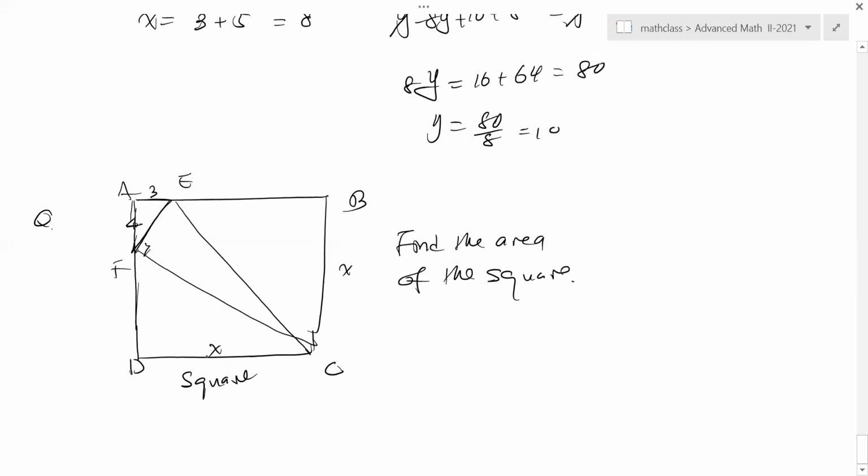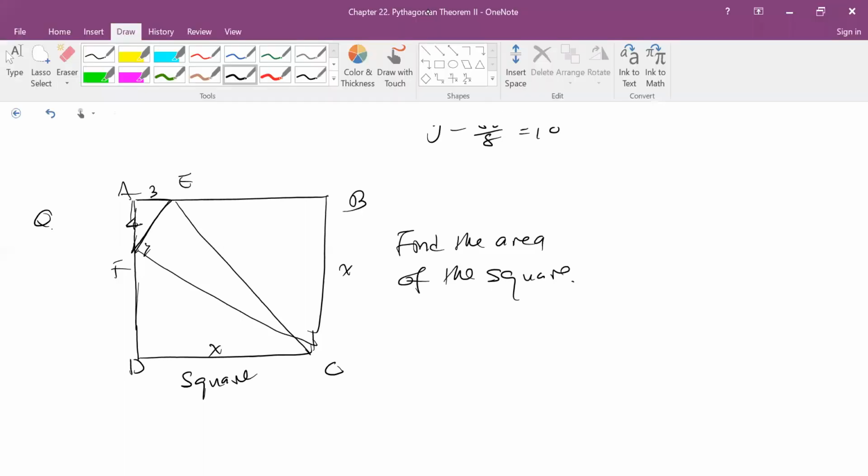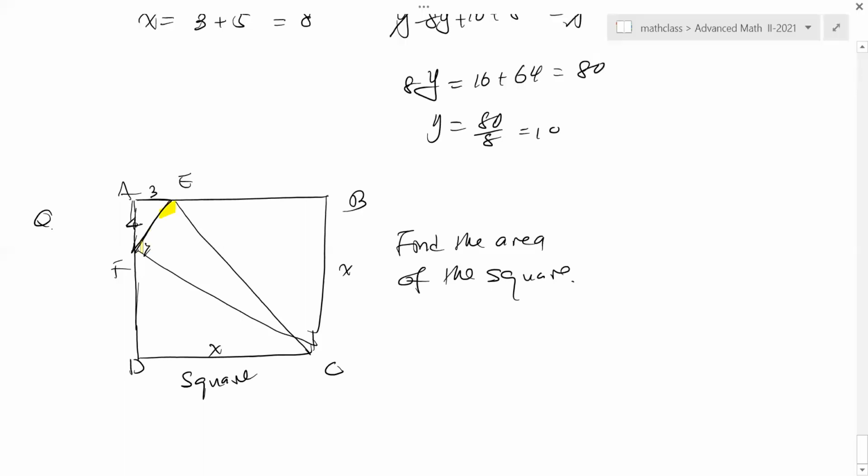Then your x squared is going to be the area. The question is how do you find x? You have to use the assumption that this triangle is a right triangle.